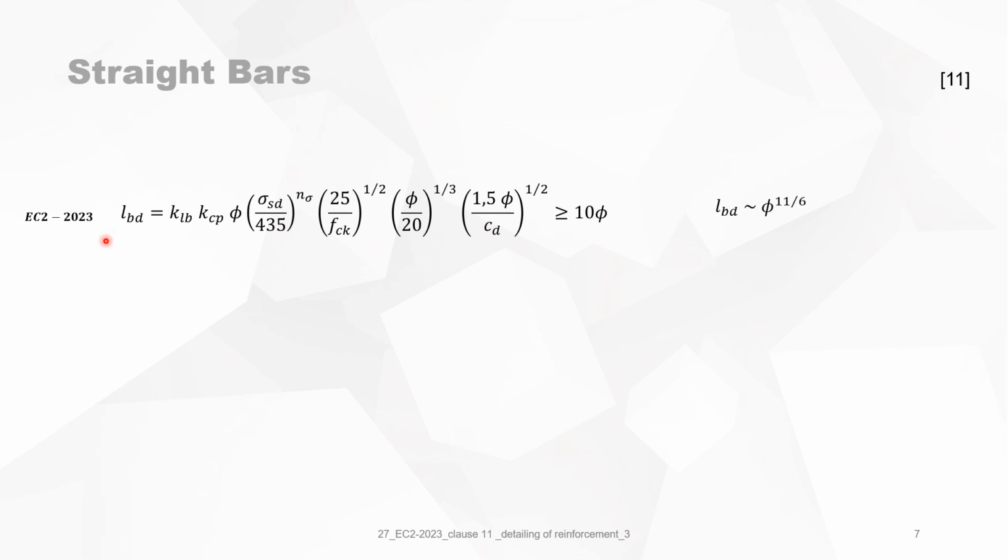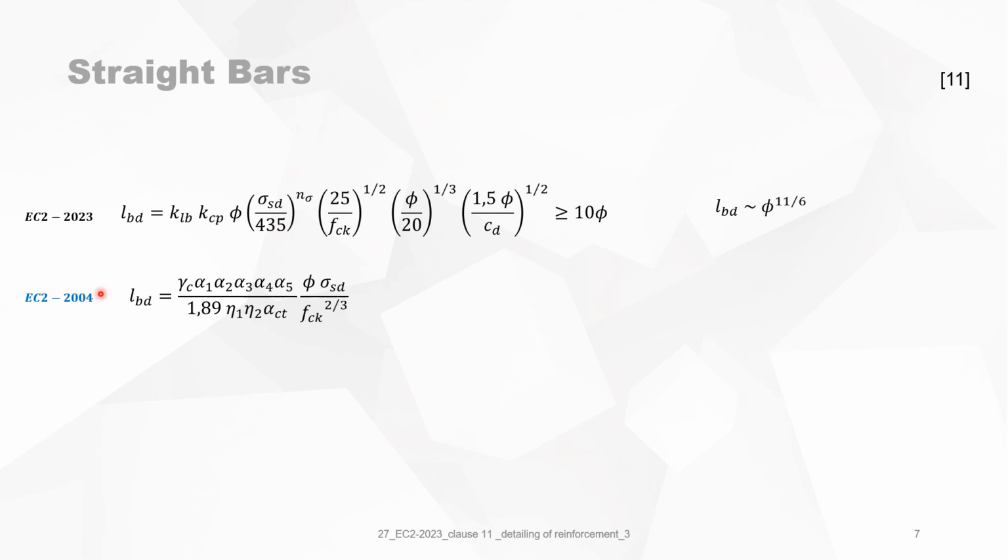Now let's look in this formula a little bit more in detail. According to version 2023, when you look at the different coefficients, then you can say that the anchorage length of straight bars, when all other conditions are fixed, not changing, are constant, then LBD is proportional to the diameter to the power of 1.8 or something like that, almost 2.